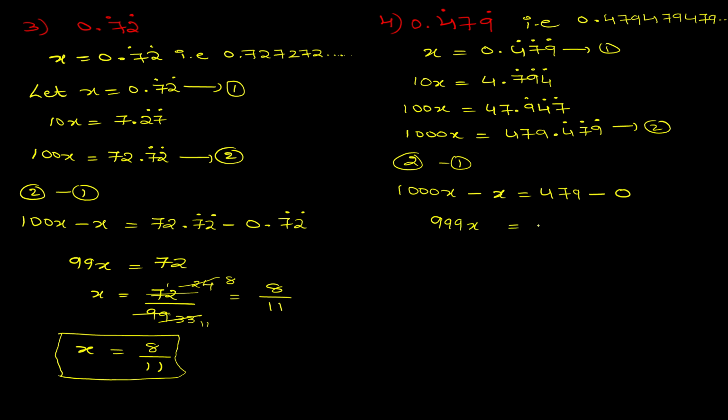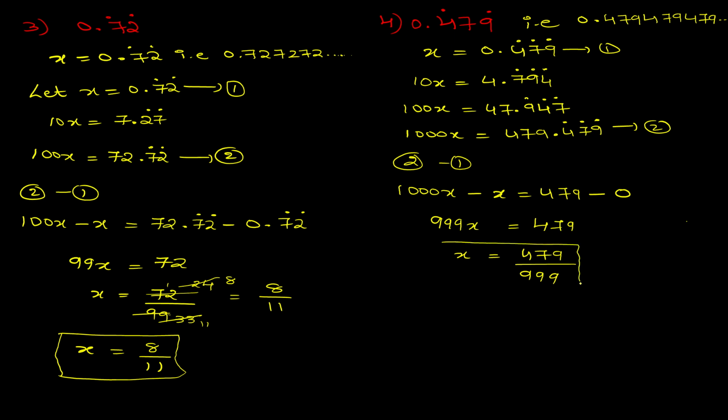999x is equal to 479, and so when you solve this, x is equal to 479 by 999. So if you want you can solve this further, or this is a fraction. So 479 can be solved as, so we'll better keep it as it is.